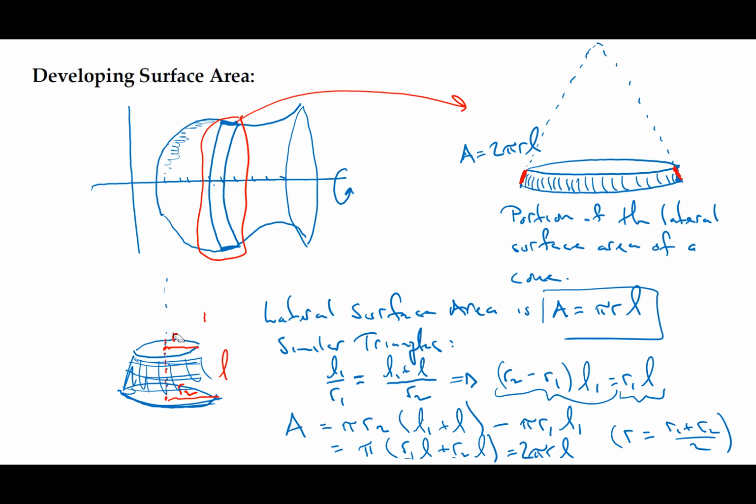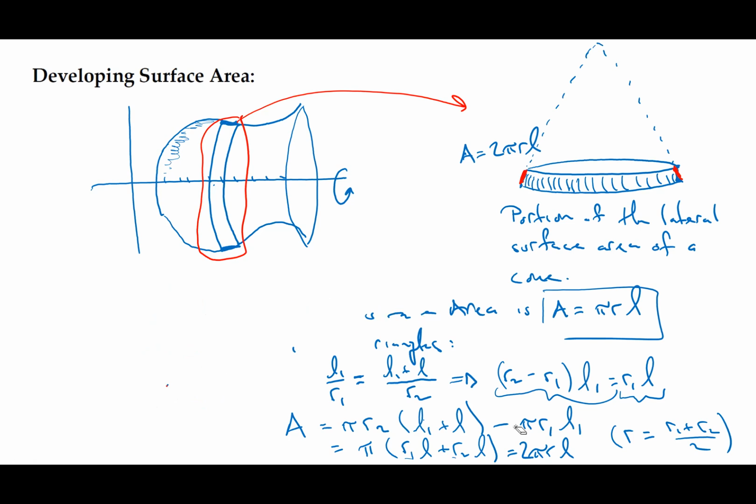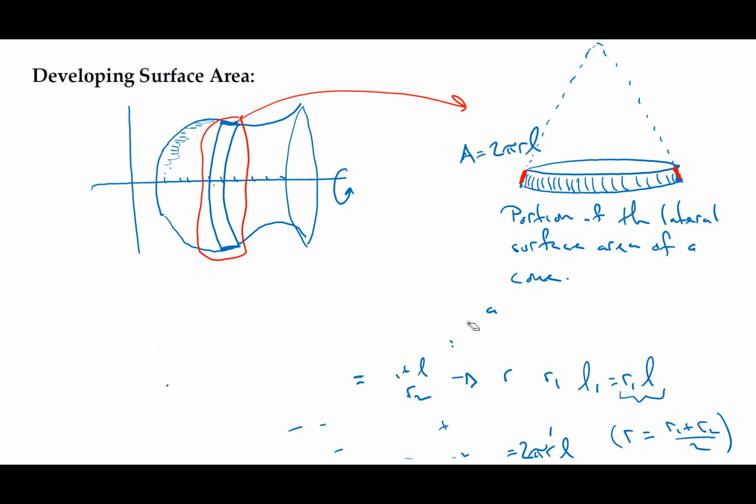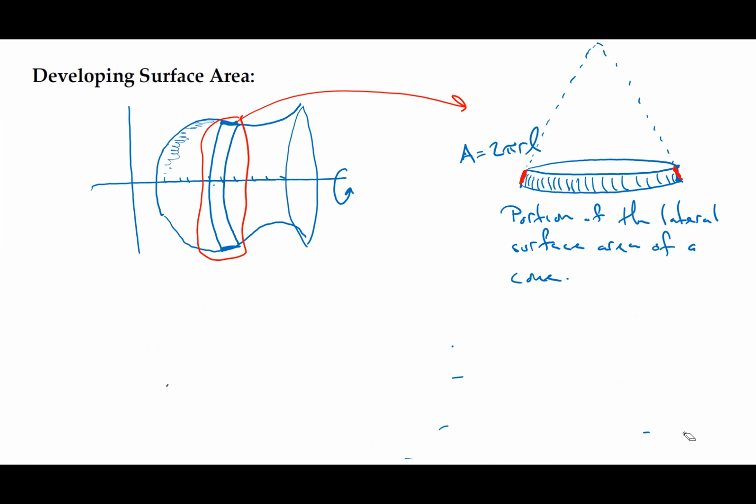So think about what pieces are represented here. We have this 2 pi R L. And where does R come from? R is from the function, right?